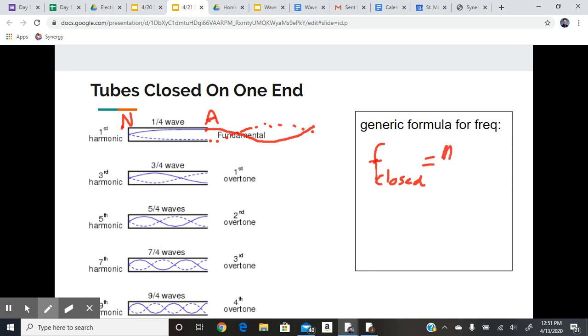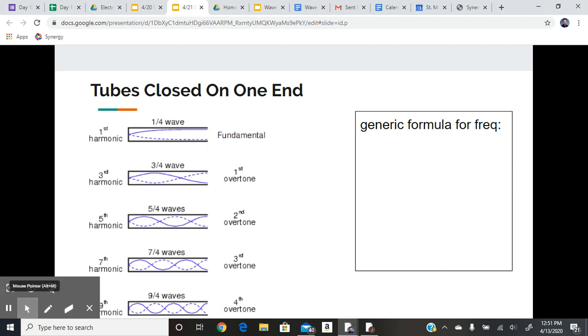The only thing it changes is we still have n, which is your number of bumps or whatever harmonic you are in, multiplied by velocity. And now we're going to divide it by 4 times my length. So this is basically saying 1/4, because that fundamental is 1/4 of a wave. So that's the only difference there.